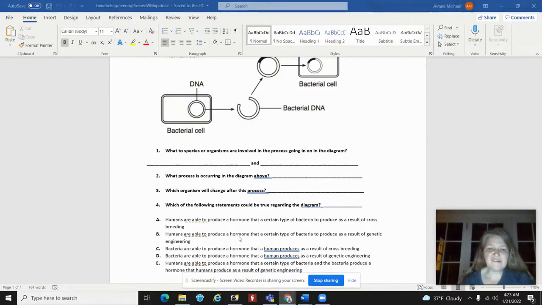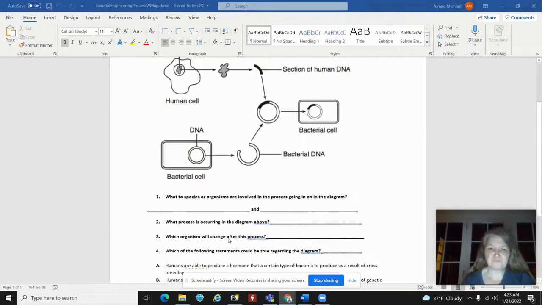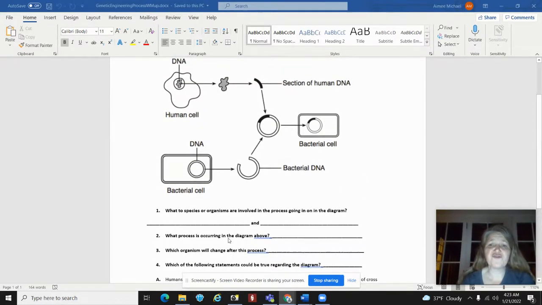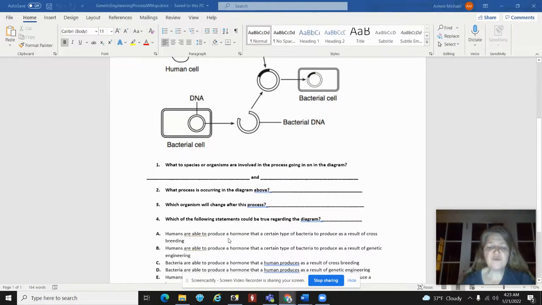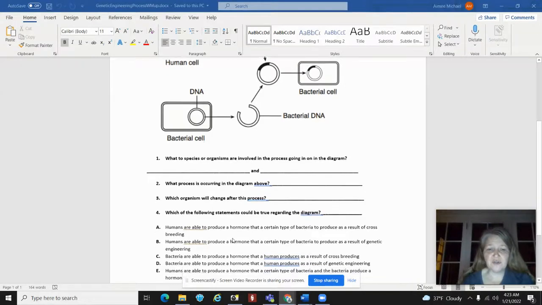So B states humans are able to produce a hormone that a certain type of bacteria produce as a result of genetic engineering. Well, are humans being modified in this diagram? The human is contributing, the bacteria is being modified. So the humans are not being modified by the bacteria. The bacteria is being modified by the human genetic material.